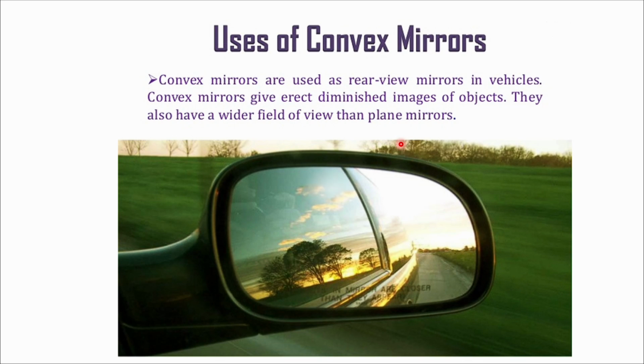What are the applications of a convex mirror? The most common application is that they are used as rear view mirrors in vehicles. If you ride a 2-wheeler, a 4-wheeler or a car, you can see in your rear view mirror any other cars or vehicles moving towards your side.